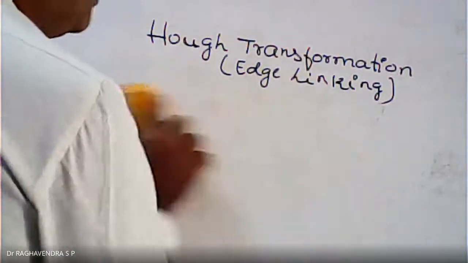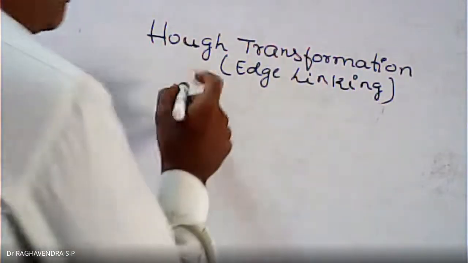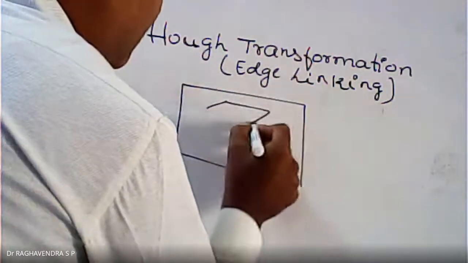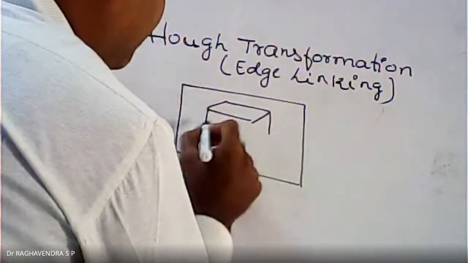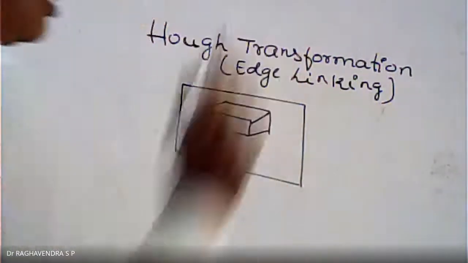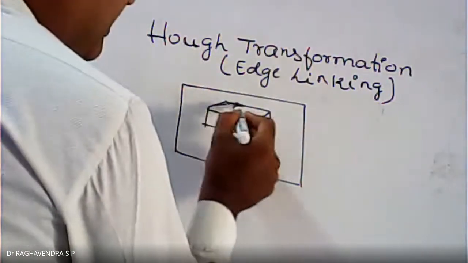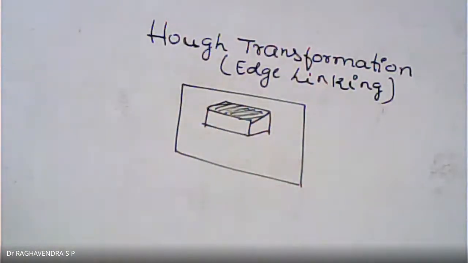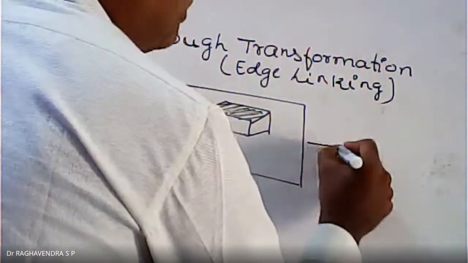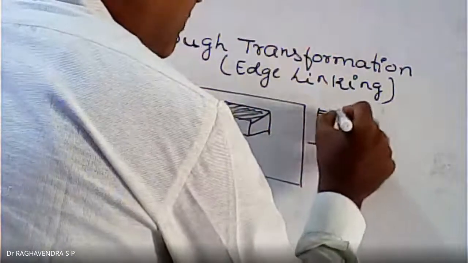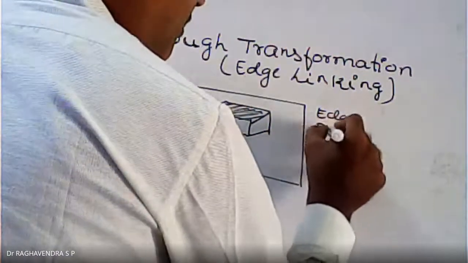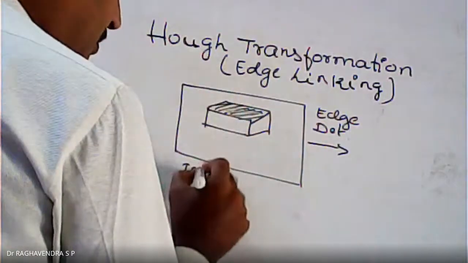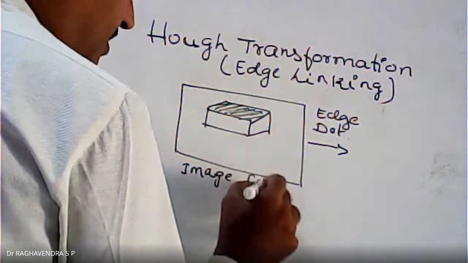Then if you consider any image, for example, this may be an image which may contain some gray levels. What happens when you apply some edge detection algorithm on this particular image, f of x comma y?